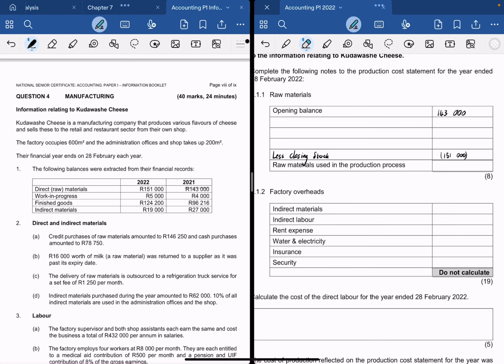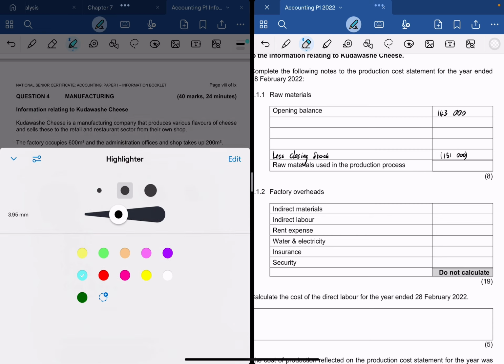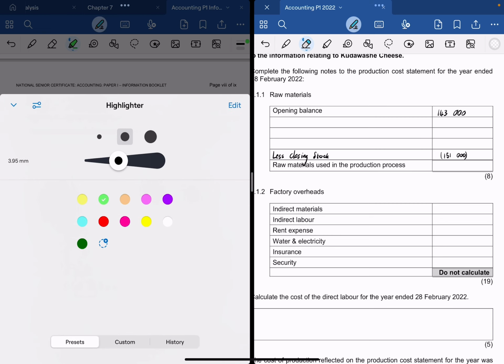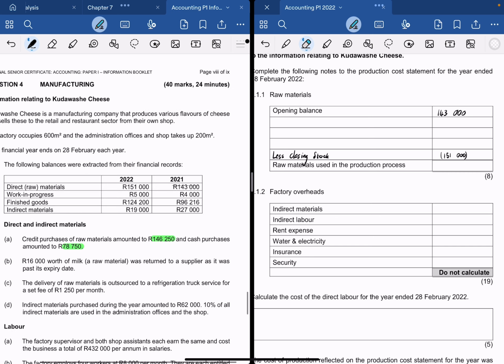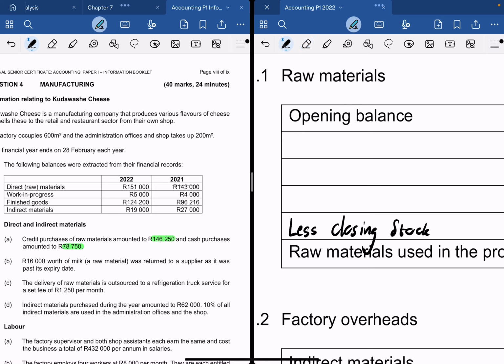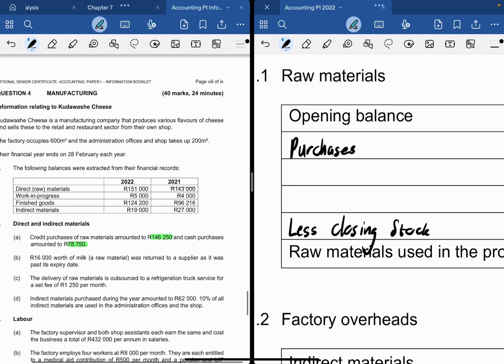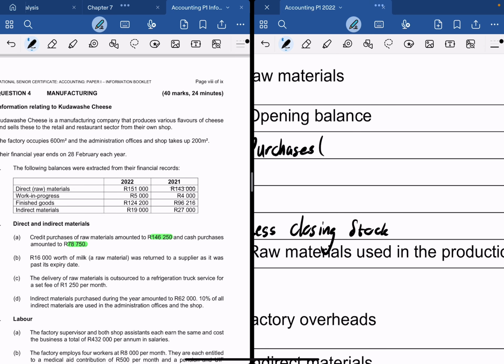Credit purchases of raw materials amounted to 146,250 and 78,750. Okay. So first thing we could do, it points us in the direction. We want purchases, right? Purchases. Cool.